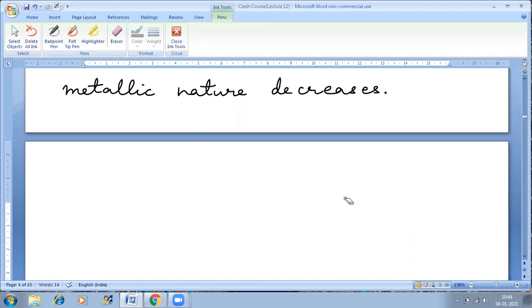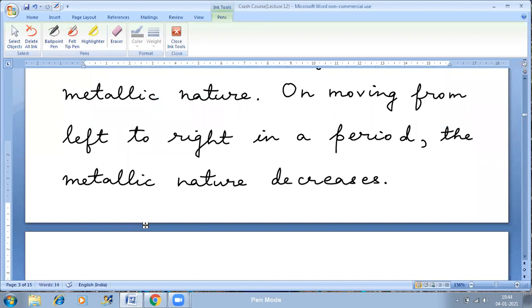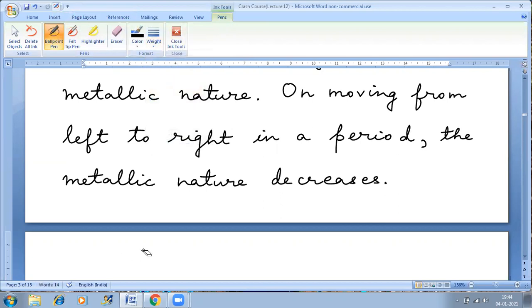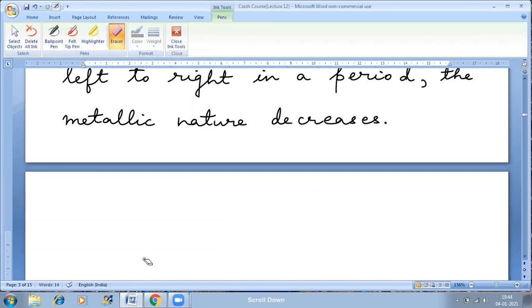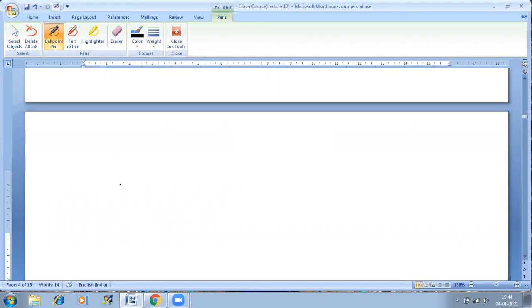Now we discussed the case on moving from left to right. What about going from top to bottom? Now see, if I'm moving from top to bottom, the size is increasing, right? Because the number of shells is increasing.